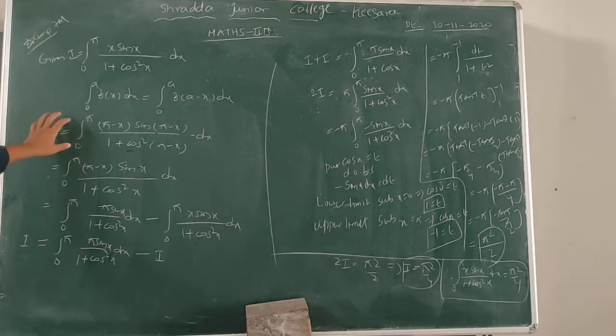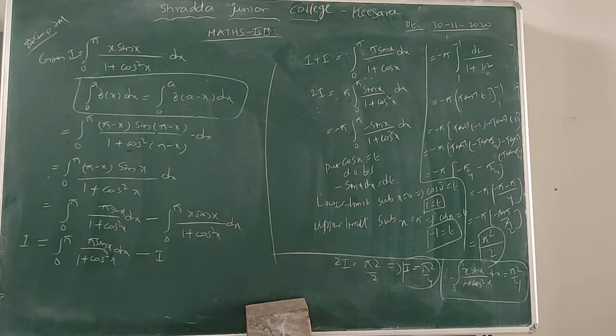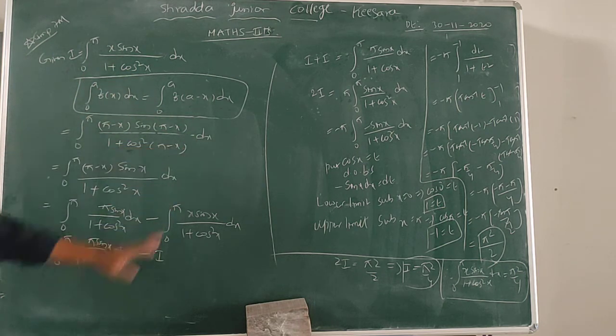So see here, integration 0 to pi. So substitute in place of x, what is that? Pi minus x. Pi minus x into sine of pi minus x by 1 plus cos square of pi minus x dx.